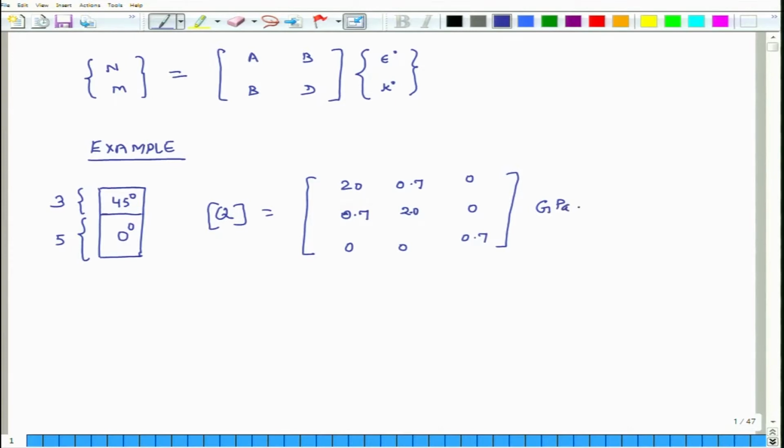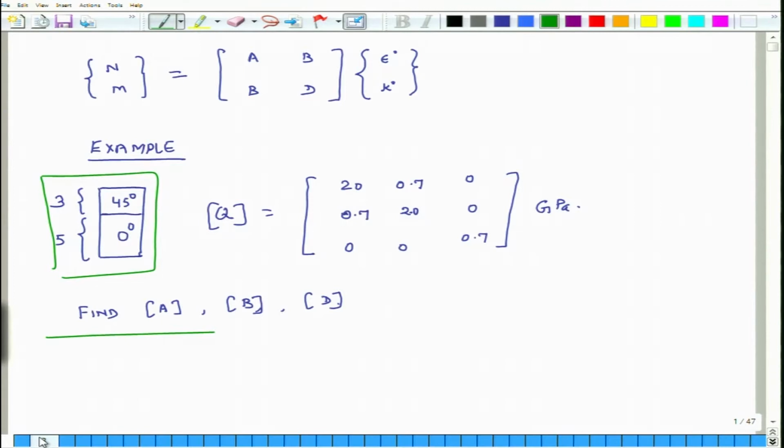This is in gigapascals. So, given this, what we have to find out are the A, B and D matrices for this particular laminate. This is our problem statement.